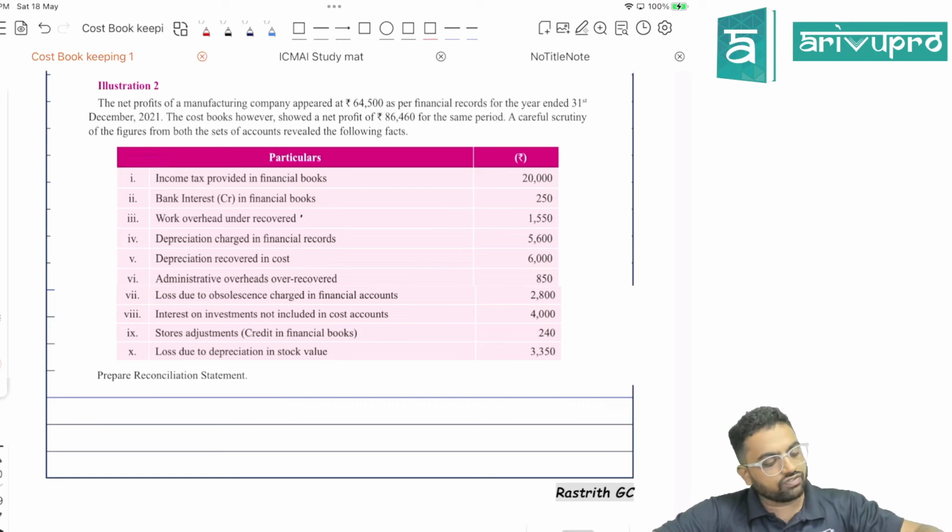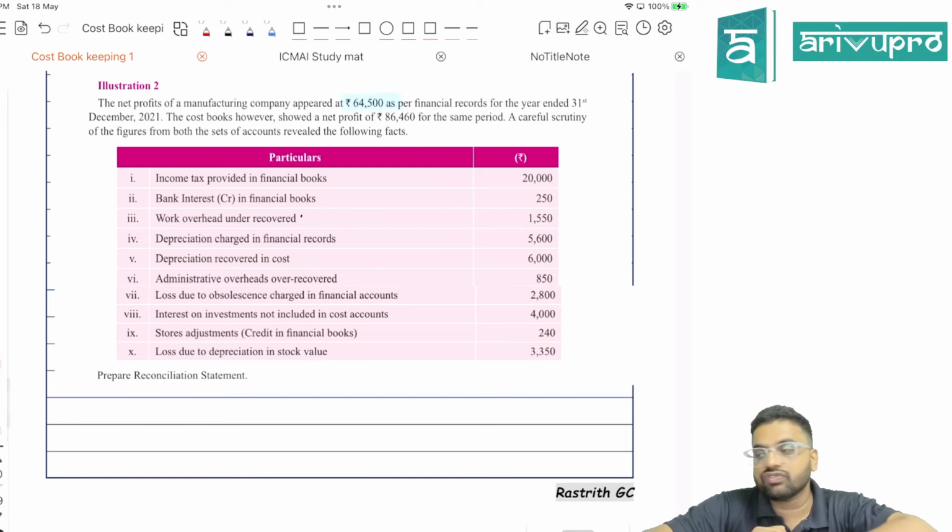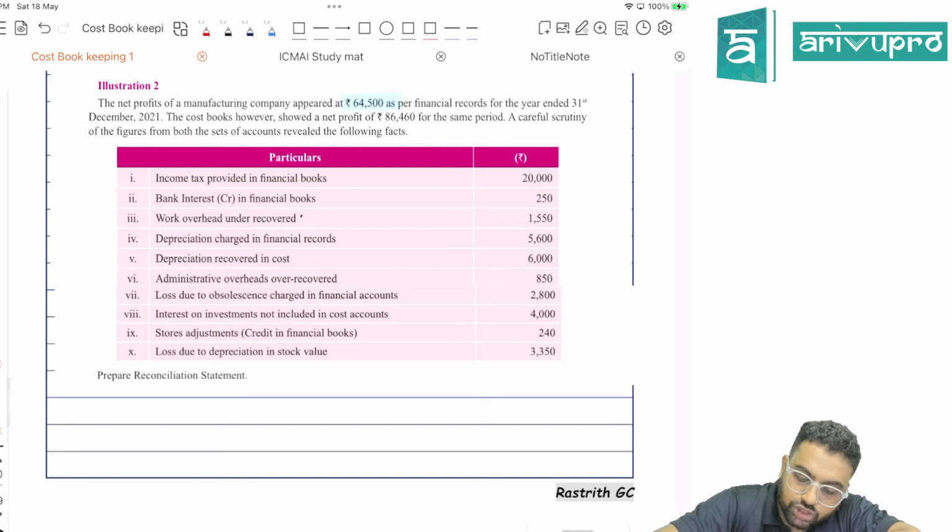So they are telling financial profit is how much, sir? Financial profit is 64,500. Yes, sir. Whereas cost book showed profit of just 84,460, which means showing more than the book profit. What is the reason, sir? A careful scrutiny of the figures from both sets of accounts revealed so much.